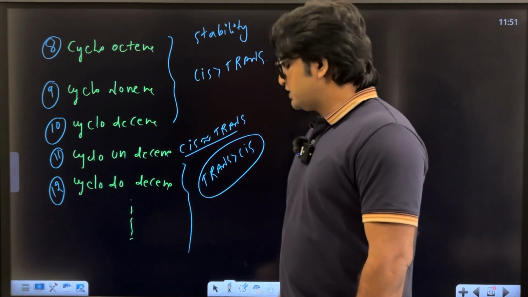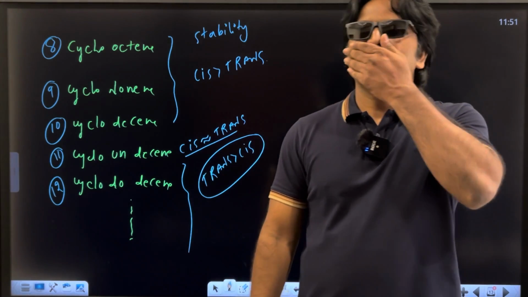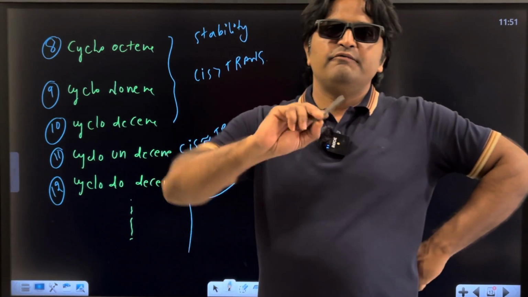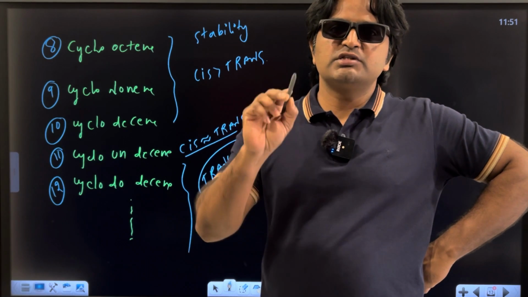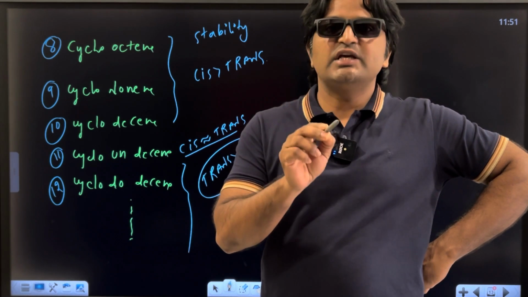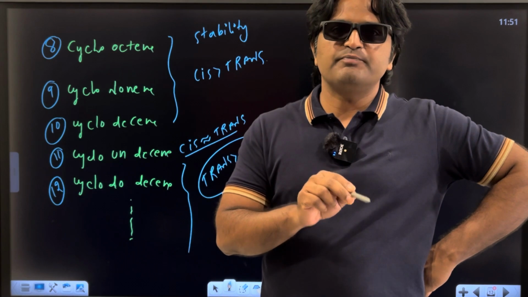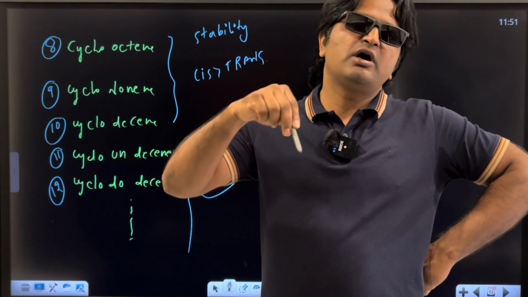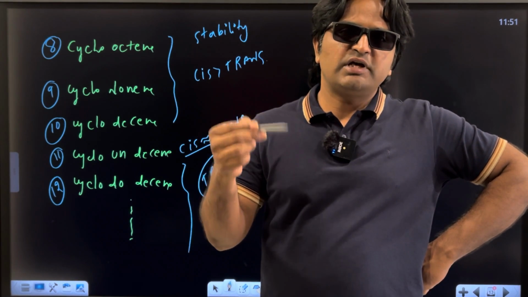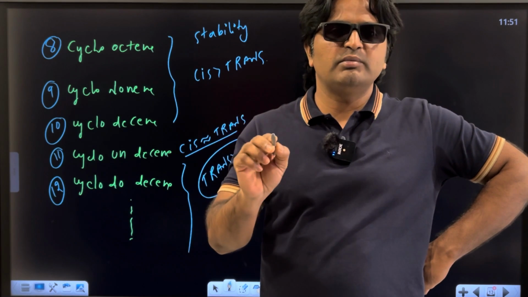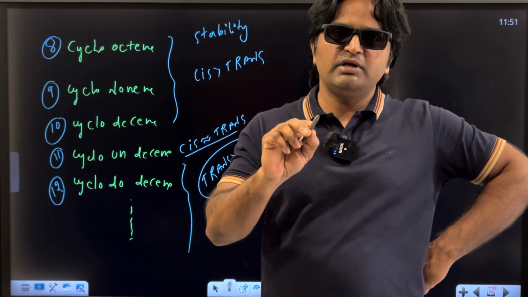That is the story about cycloalkenes. In cycloalkenes, we observe geometrical isomerism about the double bond only from cyclooctene, the 8-member ring system. Cyclooctene and onwards, the 9-member ring system, 10-member, 11, 12, whatever it may be, those molecules will show geometrical isomerism.